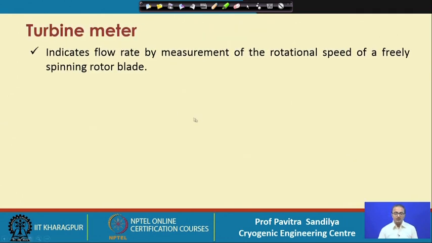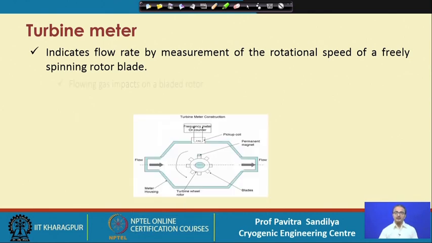Now, the turbine meter indicates the flow rate that is measured by the rotational speed of the freely spinning rotor blade, and here we can see that as the flow takes place, this turbine rotates, and this turbine rotation is a function of the flow rate.